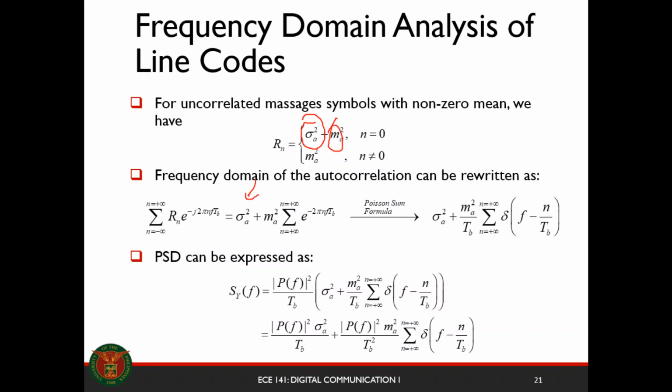And using the Poisson sum formula, your frequency domain equivalent becomes this value right here. Thus, our Sy of f becomes this expression.